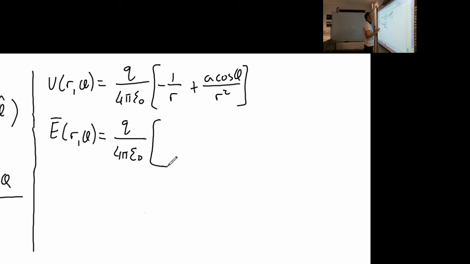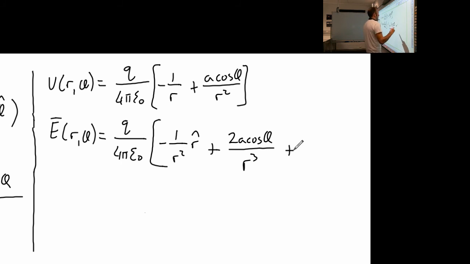And remember, it's in spherical coordinates, so we have minus 1 over r squared r hat plus 2a cos theta over r cubed plus a sine theta over r cubed. This is r hat, this is theta hat.